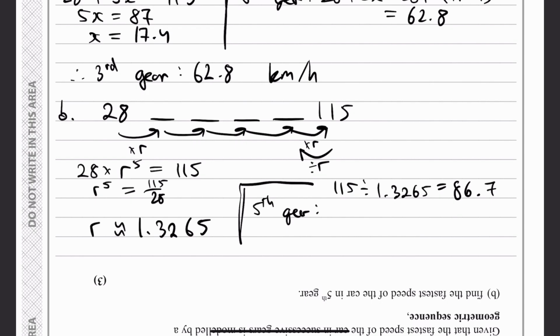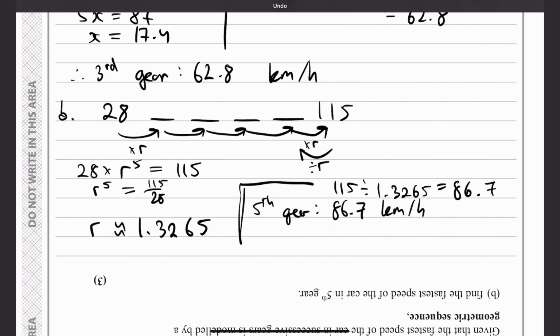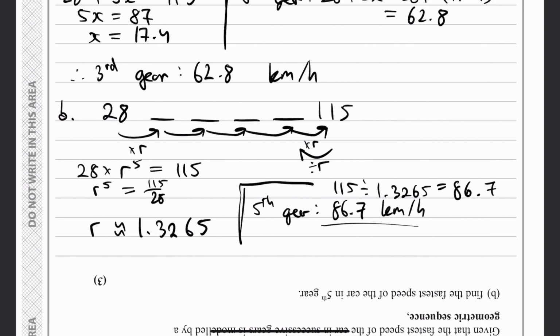Does it ask me for decimal places? I'll just give it to one decimal place. So 86.7 kilometers per hour. And there we go.